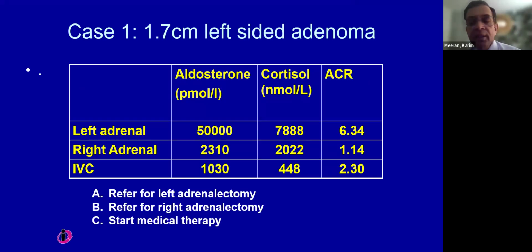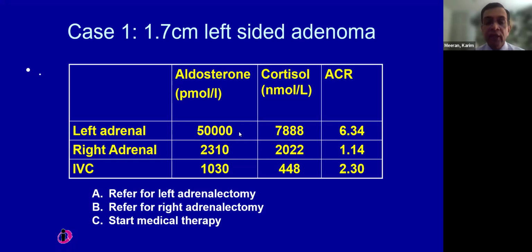So here is a baseline set of results. First of all, you look at the cortisol. In the IVC, it's about 448. In the right adrenal, it's more than 5 times higher, 2,000. So we're definitely in the right adrenal, and the left adrenal even better. So we're pretty sure that both sides have been correctly cannulated.